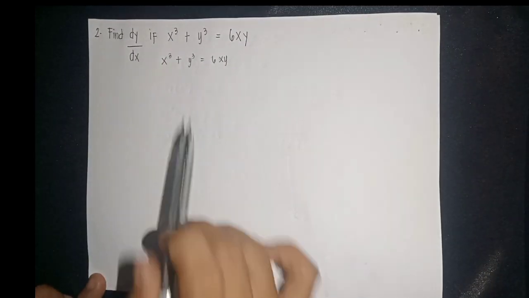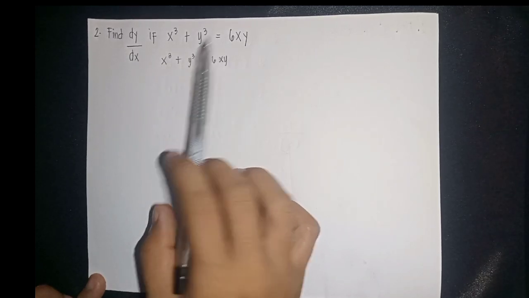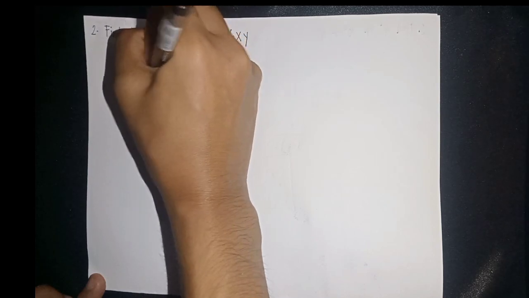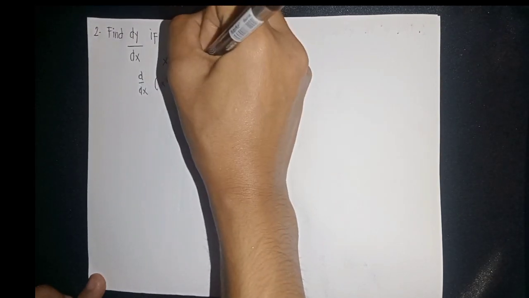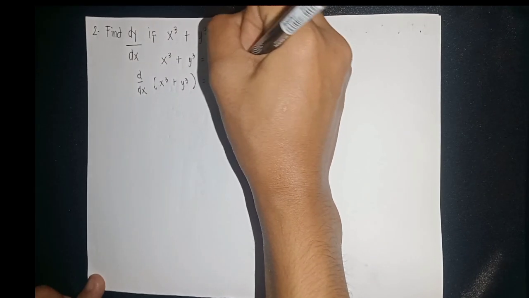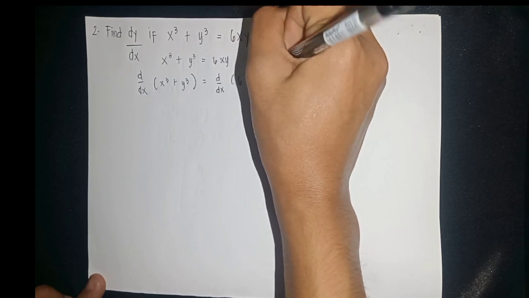And then let's differentiate these terms. So copy the derivative of x cubed with respect to x plus the derivative of y cubed with respect to x is equal to the derivative of 6xy.